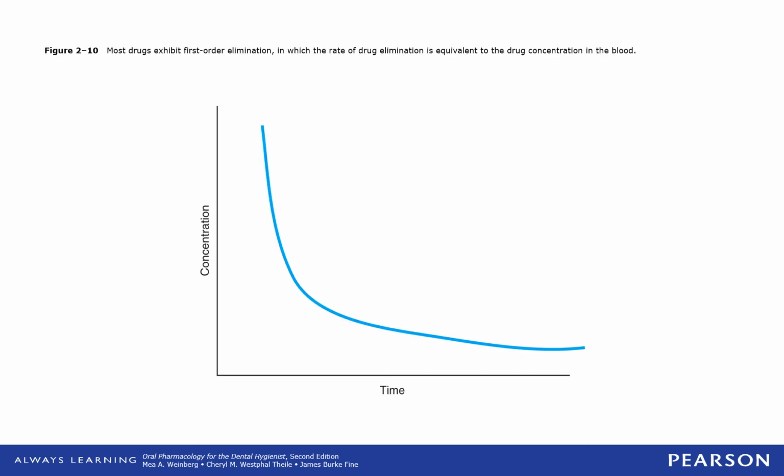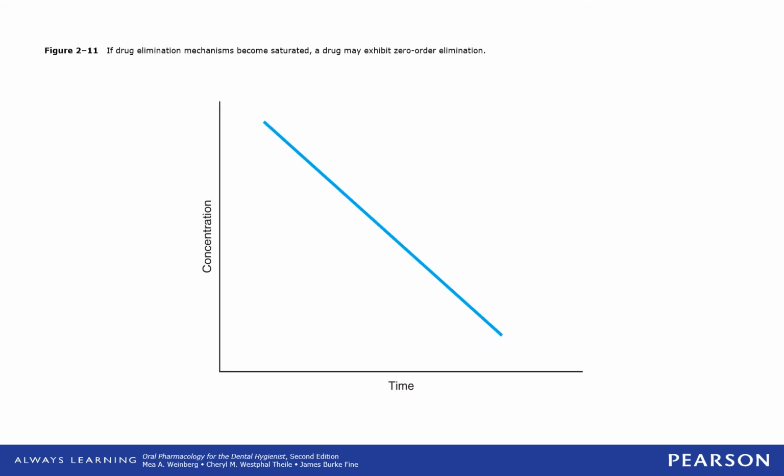Figure 2.10 shows most drugs exhibiting first order elimination, in which the amount of drug eliminated is proportional to the drug concentration in the blood. Figure 2.11: if a drug's elimination mechanism becomes saturated, a drug may exhibit zero order elimination.